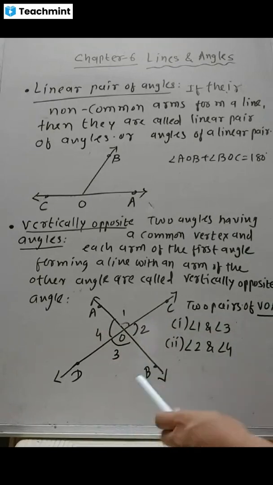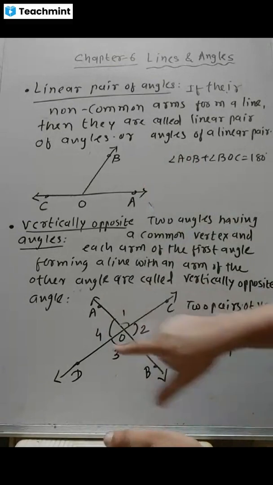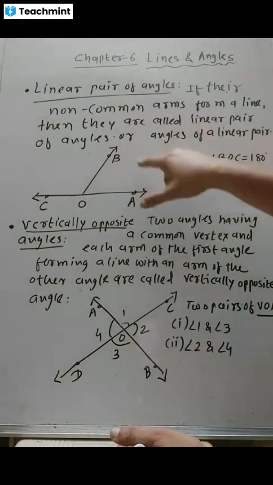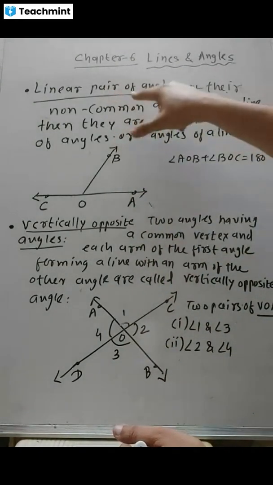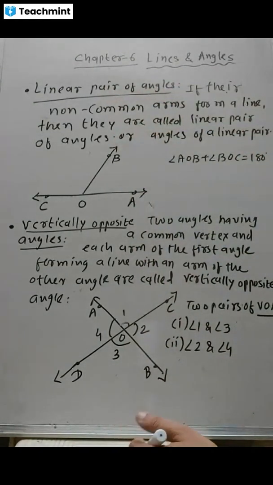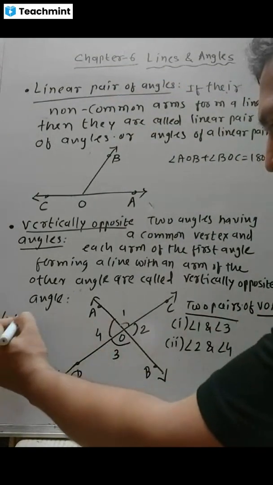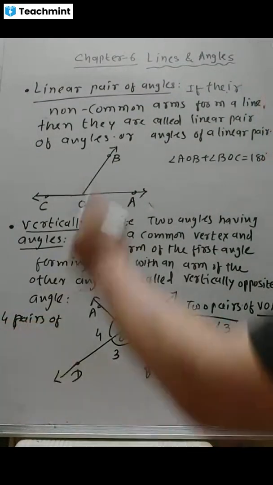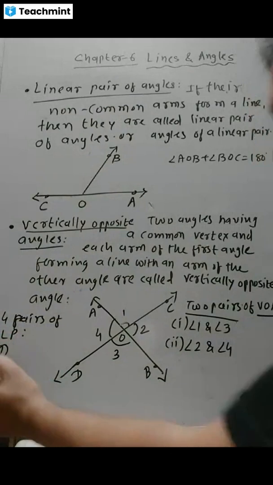In the below figure, if two lines intersect at only one point, there are four pairs of linear pair of angles. LP means linear pair. Which are the four?